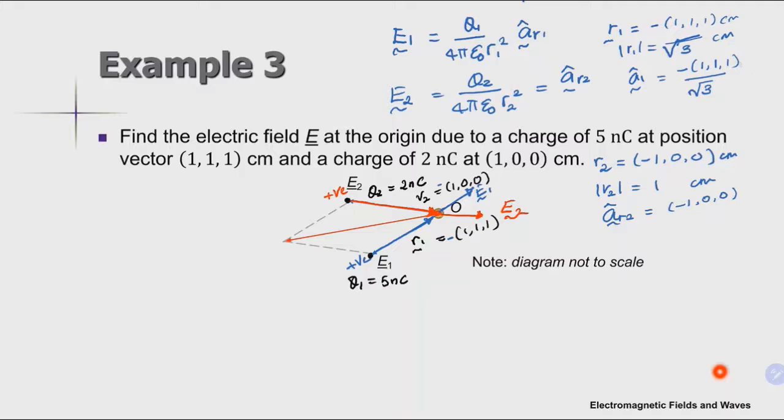So the vector is in centimeter, the magnitude is in centimeter. So if you put in that value, you can calculate E1, E2 in vector, then you simply do the vector sum of E1 and E2. So my total electric field will be E1 plus E2.